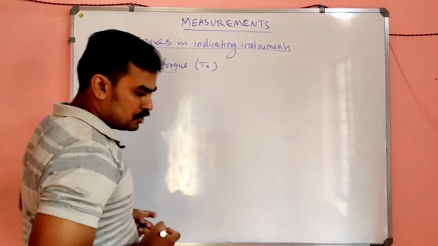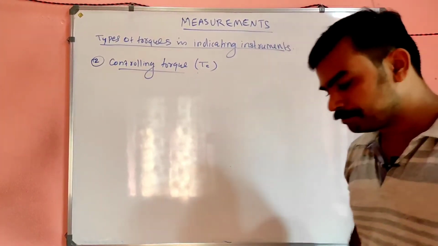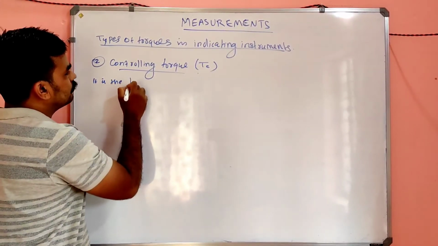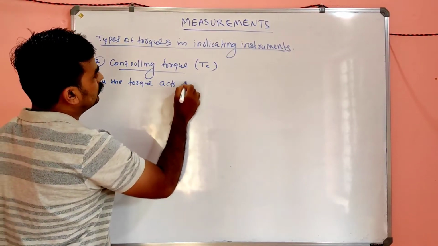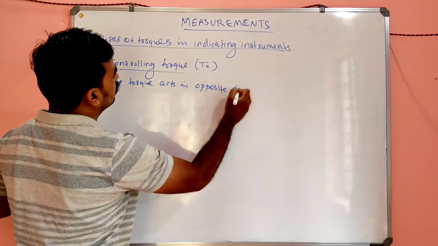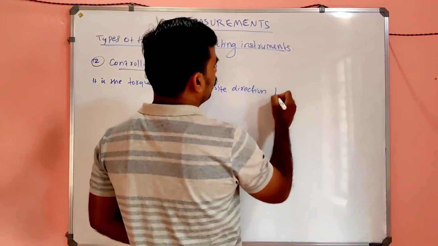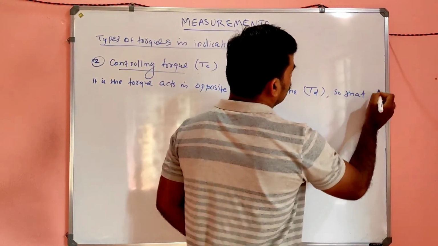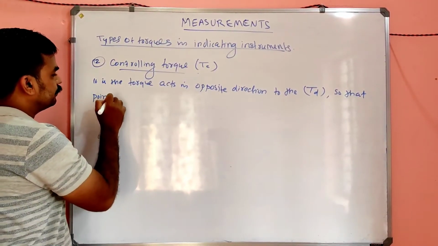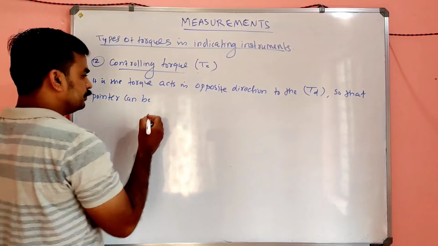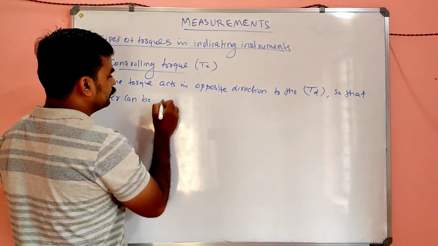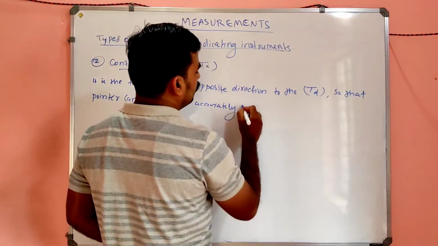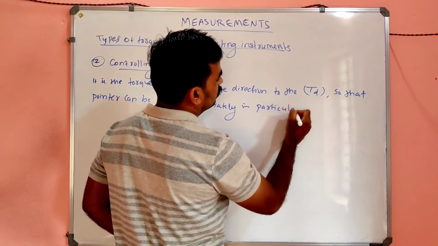So controlling torque, my dears, I will explain. It is the torque that acts in the opposite direction to the deflecting torque TD, so that the pointer can be stopped accurately at a particular reading.